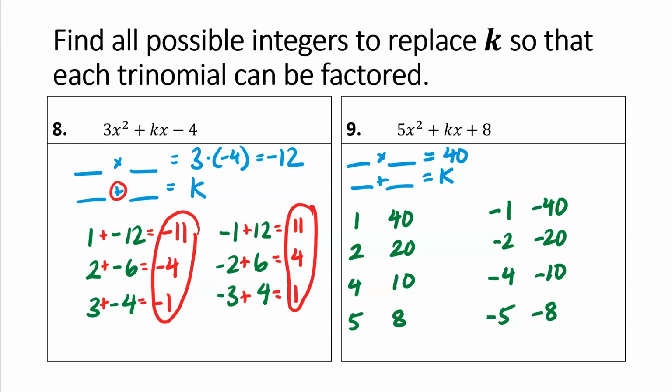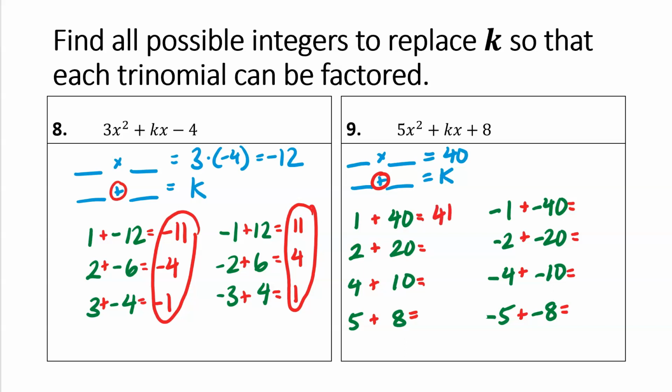To figure out what k is, we're adding those factors. So we'll add each of these. And once we have the sum of all of those would be our possibilities of k.